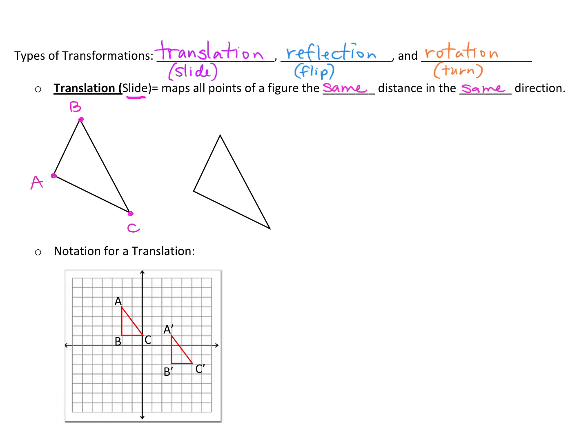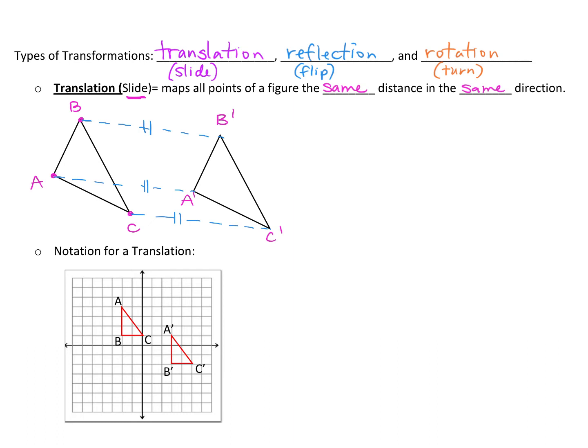A slide is going to take that, and however far I move B to B prime and A to A prime and C to C prime, it's going to be the same distance, okay? So this is what it looks like. You'll have B to B prime, A to A prime, and C to C prime, and all of those lengths will be the same. Remember, that's how we mark things congruent here, right?